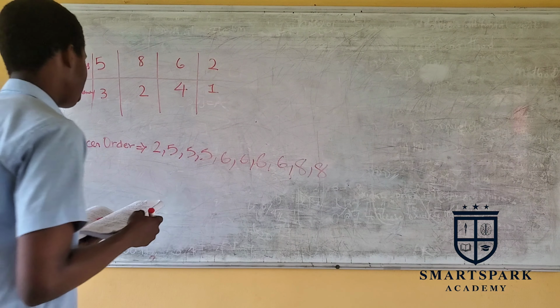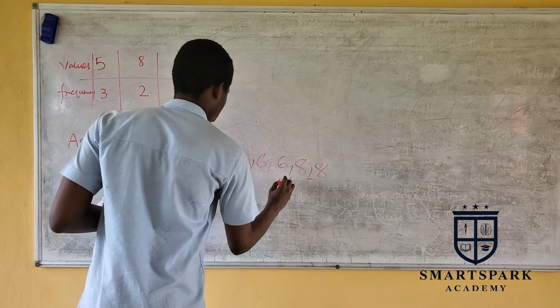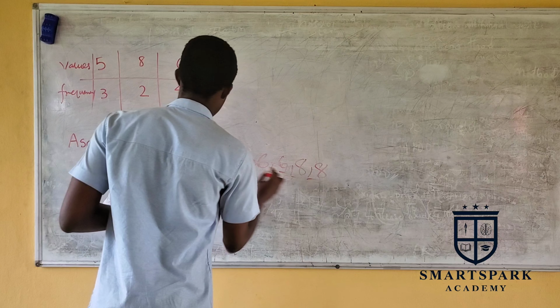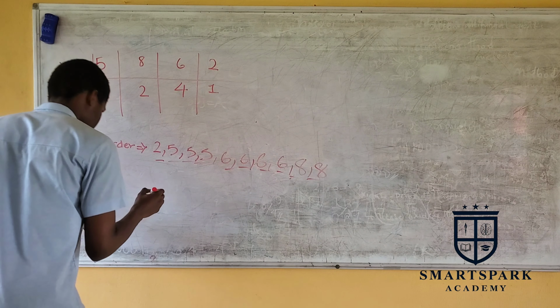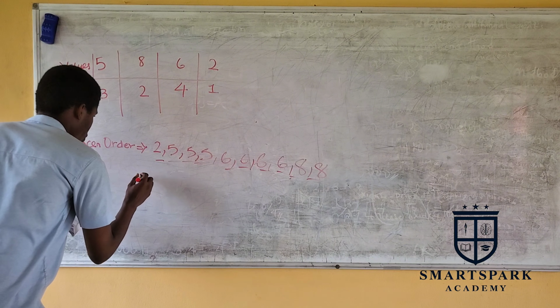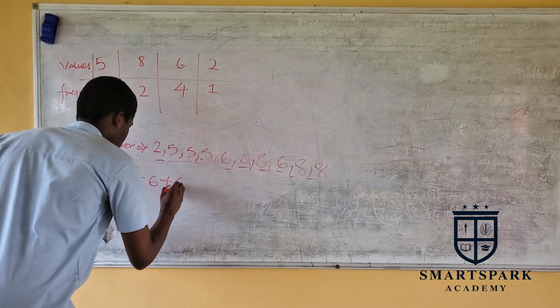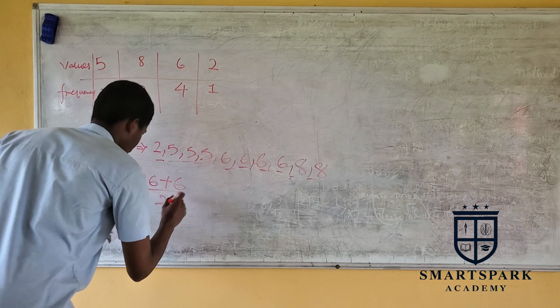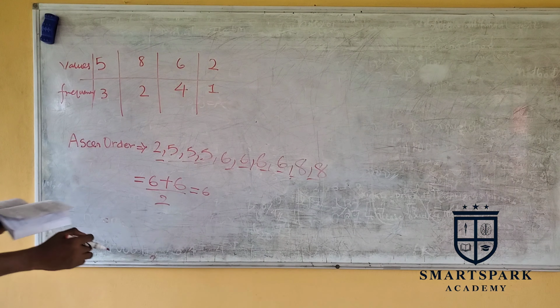So now we are going to take the center number. We have 2 center numbers, which are 6 and 6. So now we are going to add both of them and divide by 2 to get the center number, which is going to be 6. So now we are going to find the median.